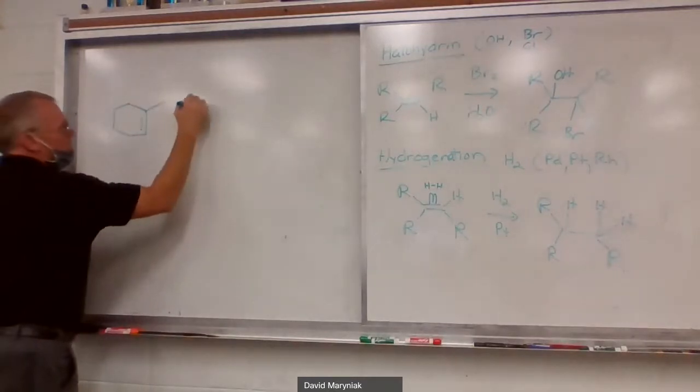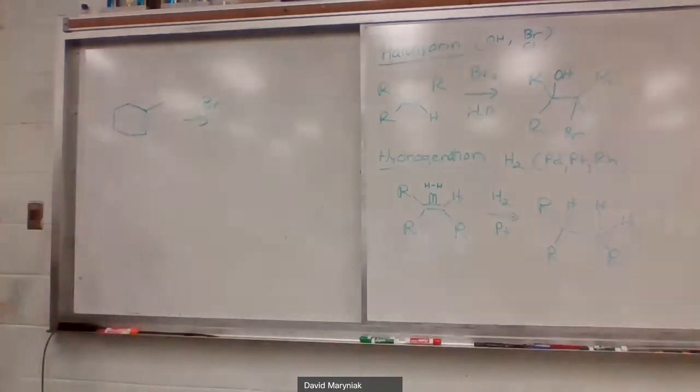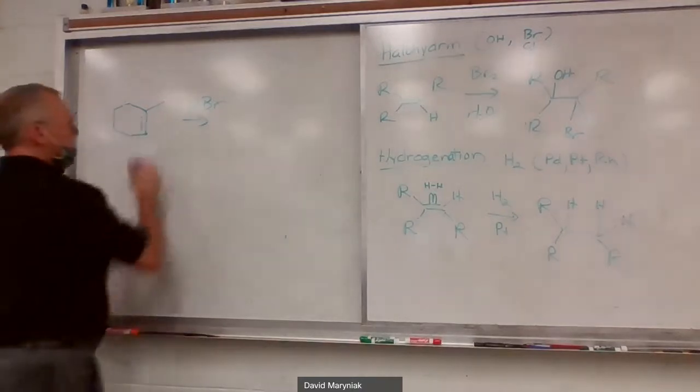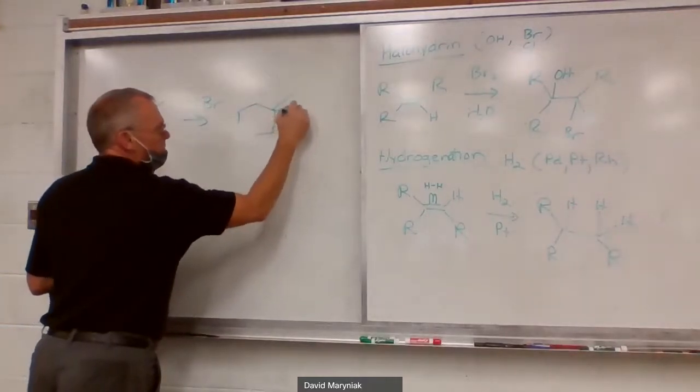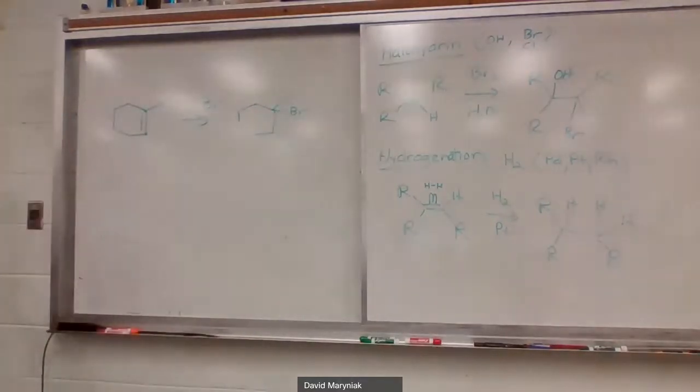Now is Markovnikov in play? And Markovnikov says which C is going to get the incoming H preferentially? That one. And therefore, which C is going to get the Br? That one. And what happens to the double bond when you add to it? It goes away because you've added to it.